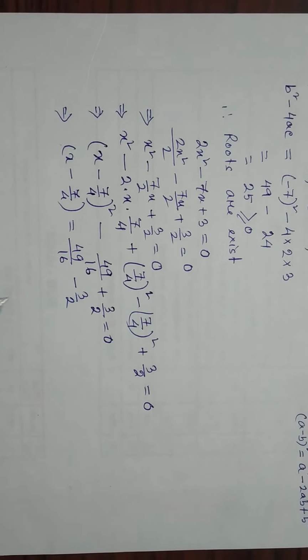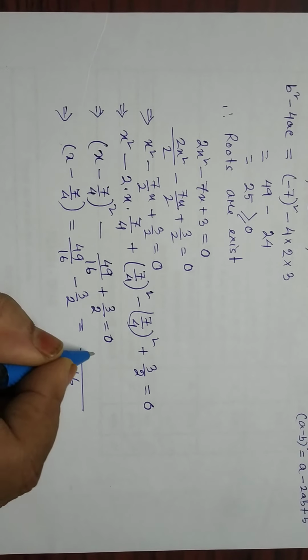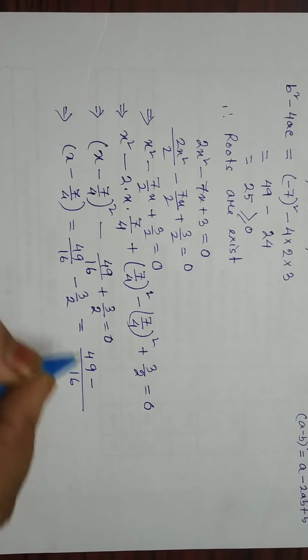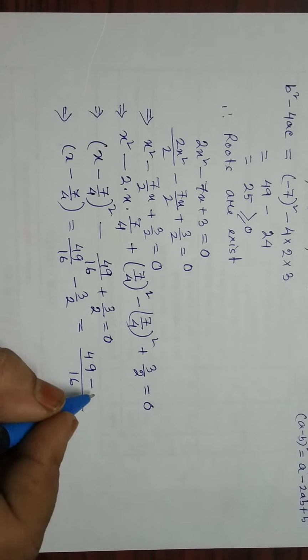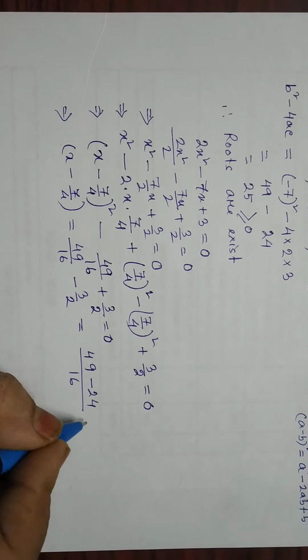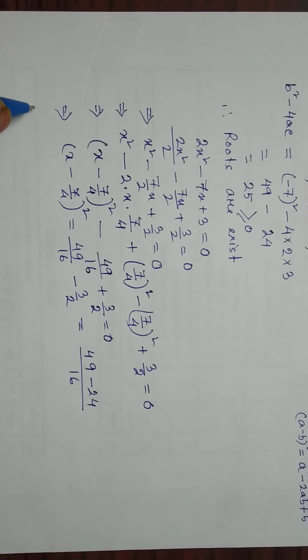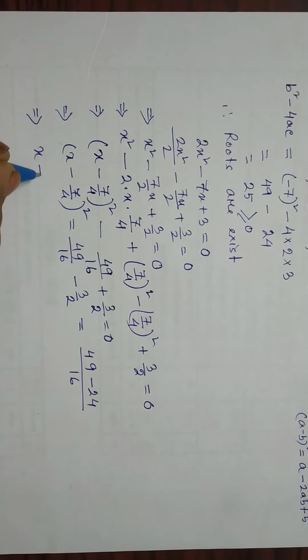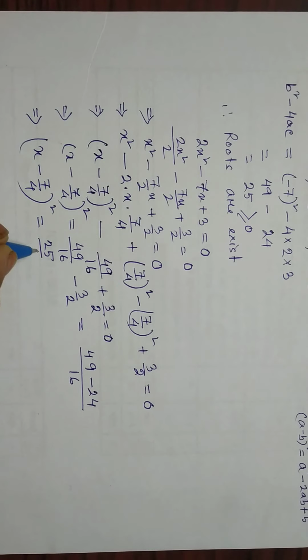If we simplify, the LCM will be 16, then this will be 49 minus, 16 divided by 2 means 8, 8 times 3 is 24. Therefore x minus 7 by 4 whole square is equal to 25 by 16.